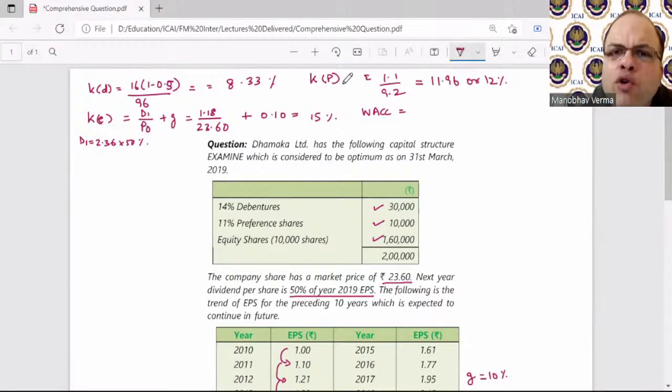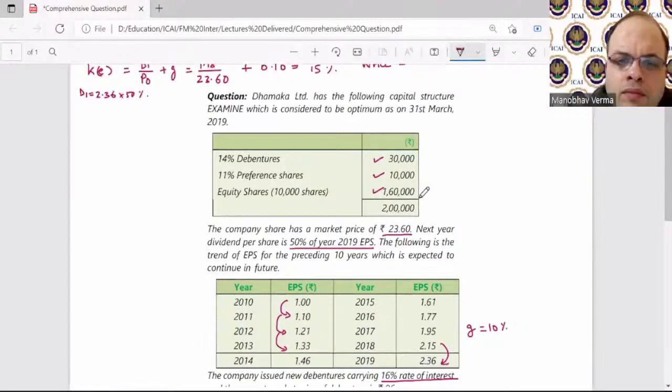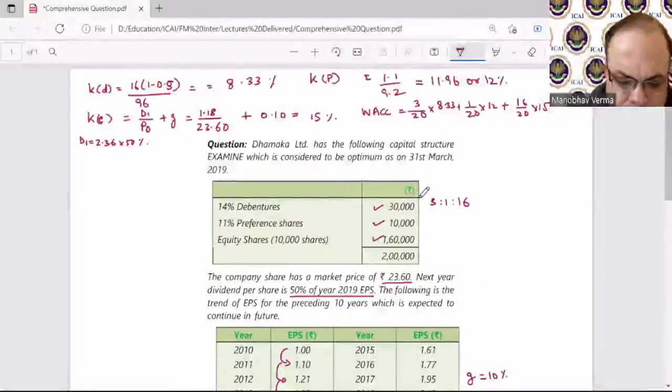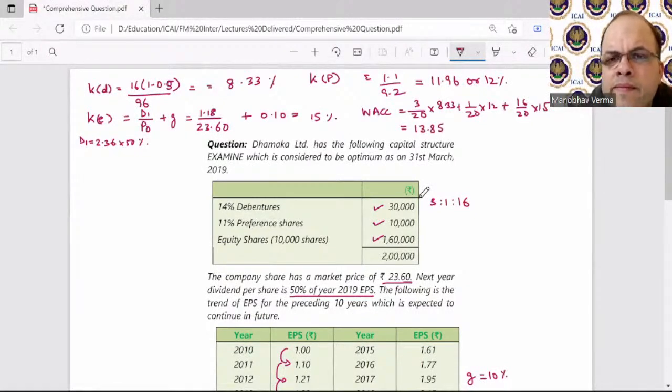I guess they have already given us the weights here. See the capital 5. Everyone with me on this 13.85.